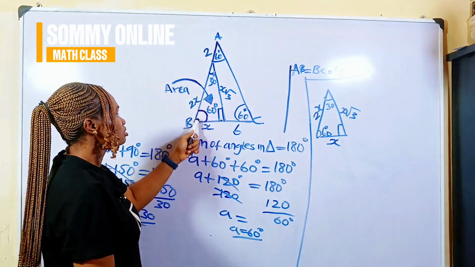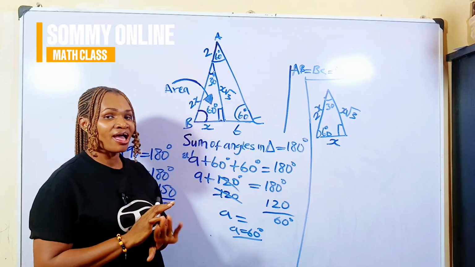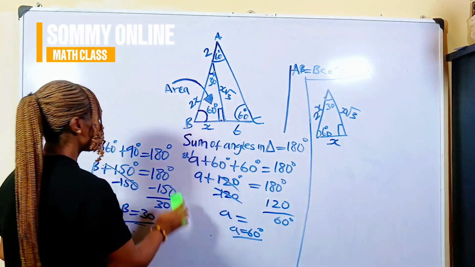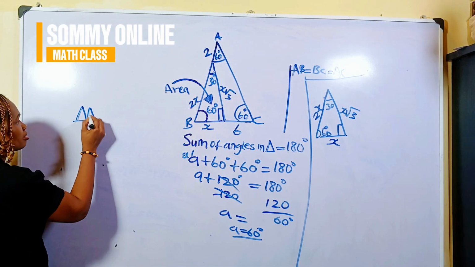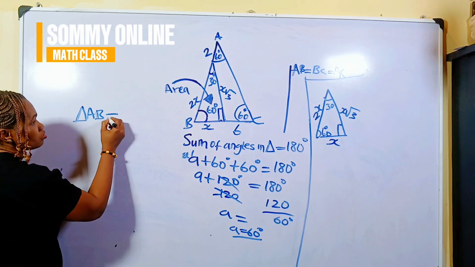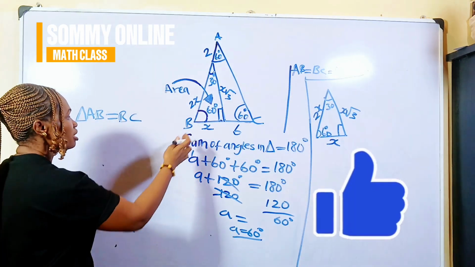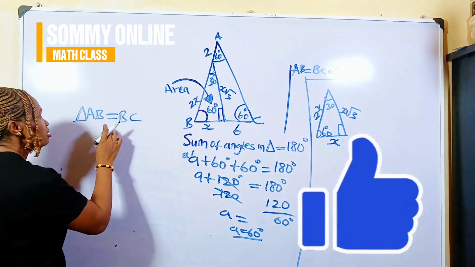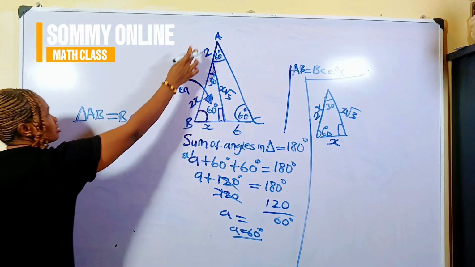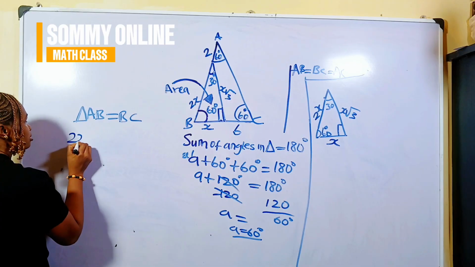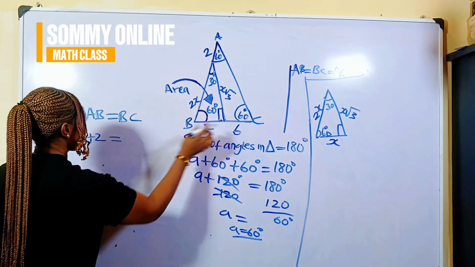Remember, this is still an equilateral triangle whose sides and angles are the same. So we proceed. Therefore, AB is equal to BC. Now we need to get the value of S. Since AB equals BC, AB is 2S plus 2, which is equal to S plus 6.